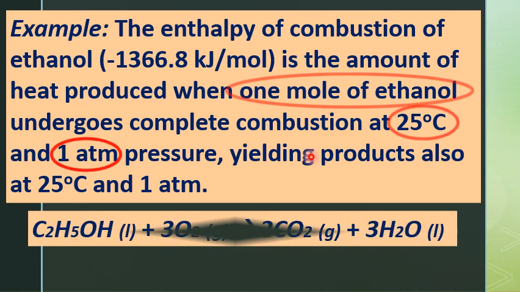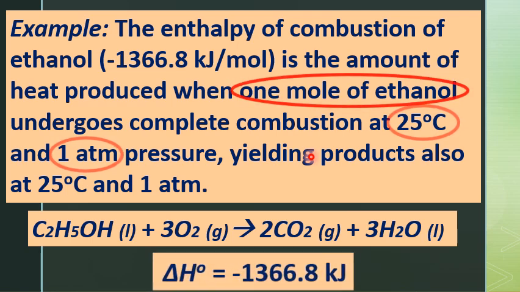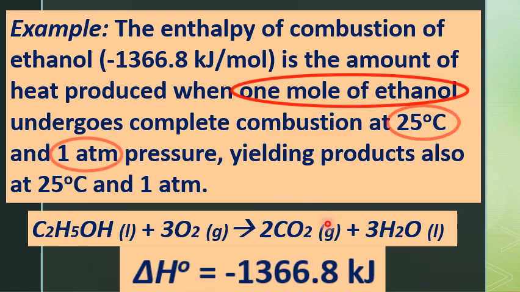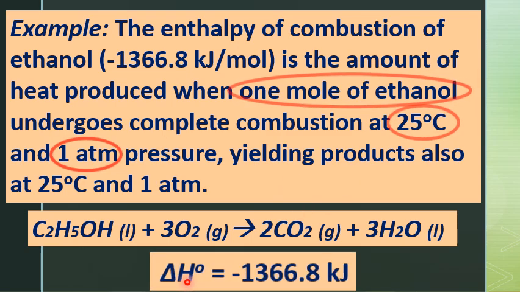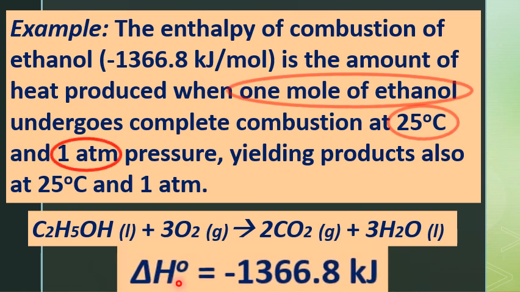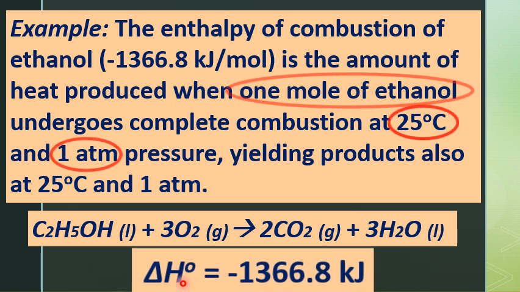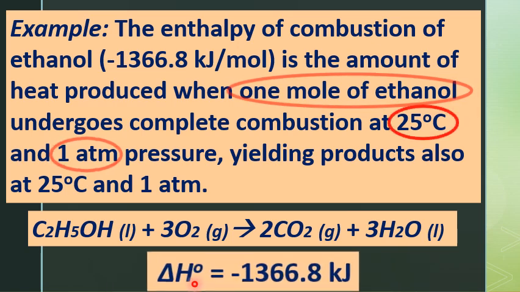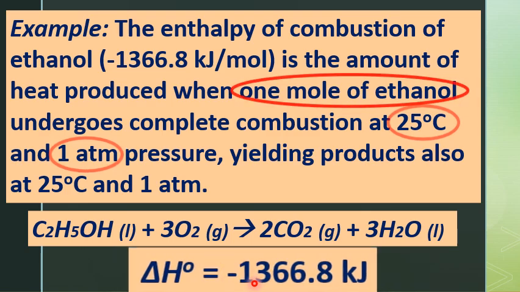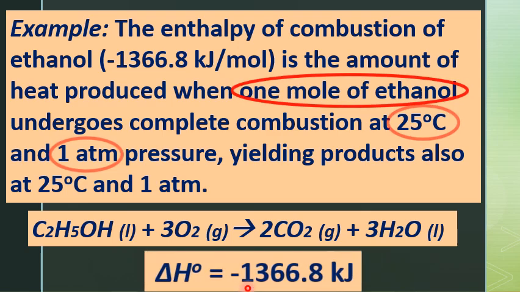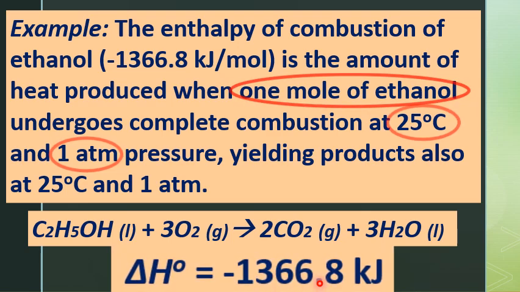Now, the thermochemical equation for this reaction is given here, and the change in enthalpy, which is considered the standard change in enthalpy, denoted by delta H with a superscript 0, is equal to negative 1366.8 kilojoules.